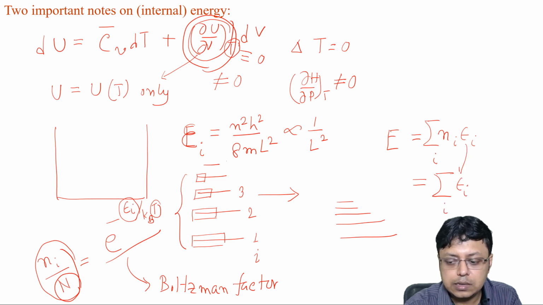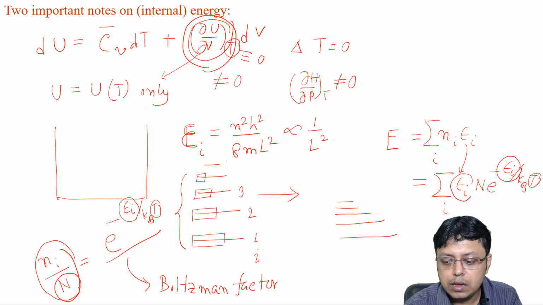I'm writing this as, instead of N_i, capital N e to the power minus E_i by k_B T. Now what is happening, if we keep the temperature constant, then changing the volume changes E_i.